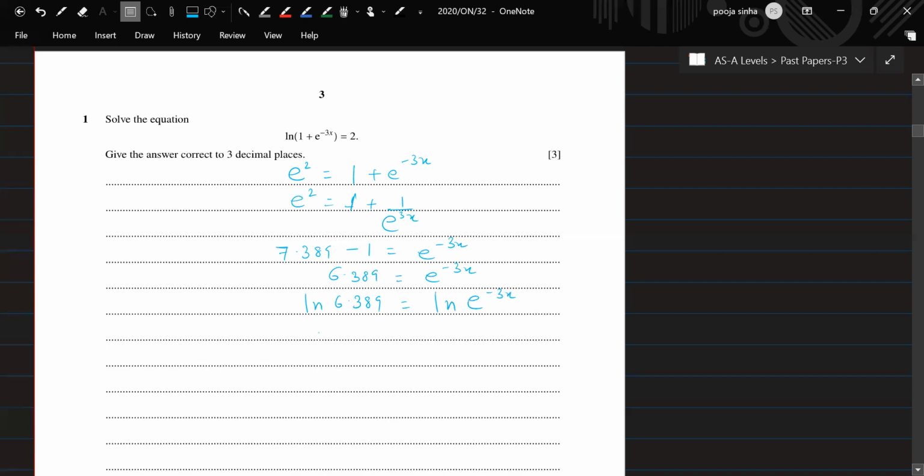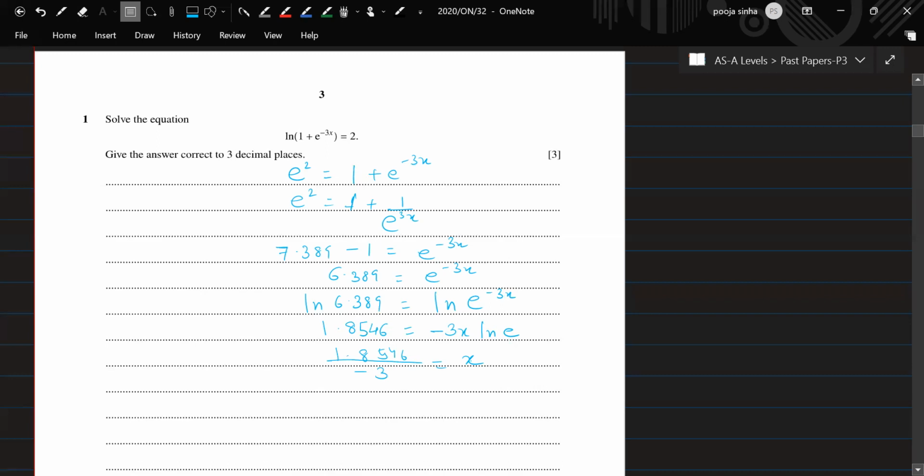Okay? Now I'm going to take ln 6.389, which would become 1.854. Okay, 1.85. I'll take 4 decimal places for now. 8545, the 5 will become 6 after rounding off, is equal to minus 3x ln e. ln e would become 1, right? So 1.8546 divided by minus 3 is equal to x.